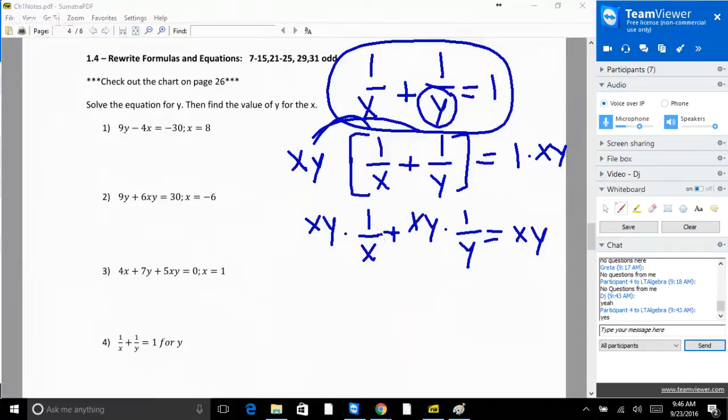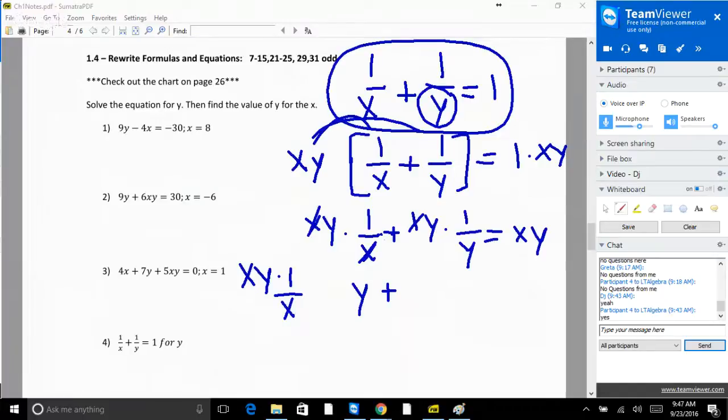right? But it's actually going to help us out. So if I have x times y times 1 divided by x, I can cross off my x's, right? And I'm left over with just y. Because it's multiplying. I've got x times y times 1 divided by x.